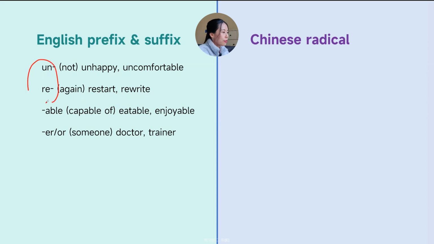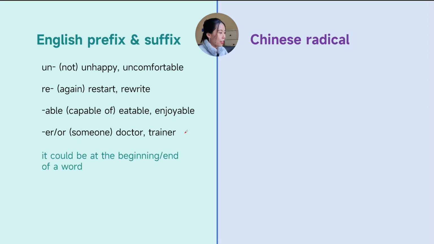These are prefixes because they're at the beginning of the words. And there are suffixes like "able", meaning capable of, like eatable, enjoyable, and "er", which means someone, like doctor, trainer. So in English, the prefix and suffix could be at the beginning or the end of a word.